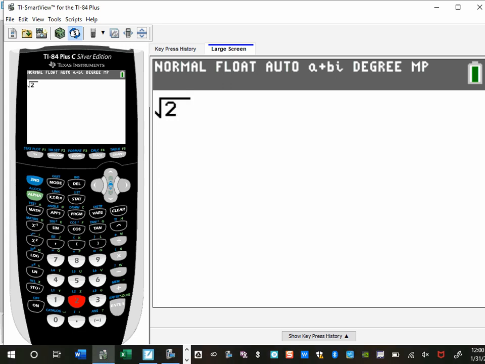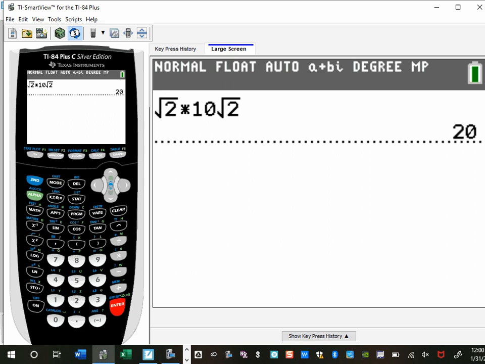You see how that radical keeps going? You have to slide over. If a parentheses pops up, just close the parentheses. So root 2 times 10 times root 2, and slide over. You should get 20. Did you get 20?